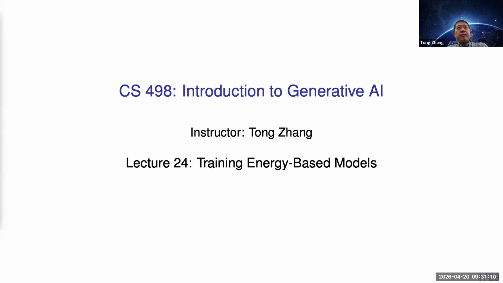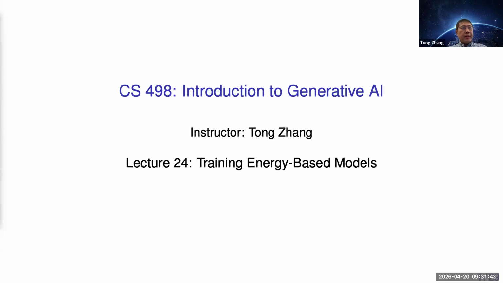Sampling can depend on the energy function or on the gradient of the energy function. Langevin is similar to optimization: it depends on the gradient of the energy function, and then it can sample from the energy model. So that's about sampling. Today we want to talk about training these energy-based models. So how do you train these models?